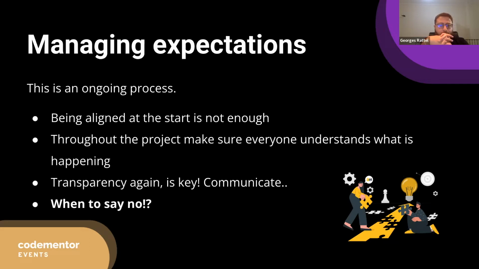So it's very important that throughout the project everyone always knows what's happening, what's being developed, and whether there are any dependencies that are causing any issues, etc. So transparency, again, is key. It's very, very important to communicate throughout the project.